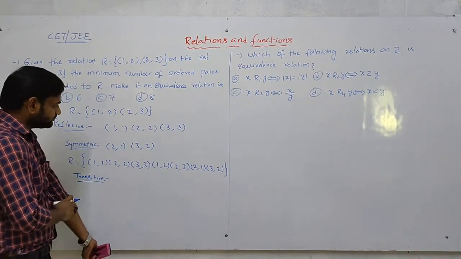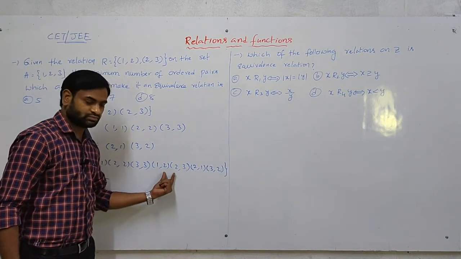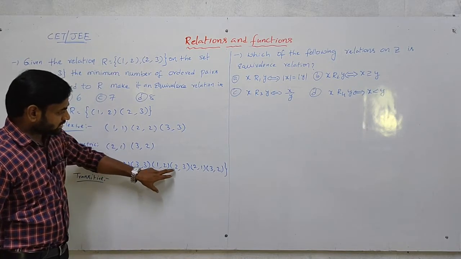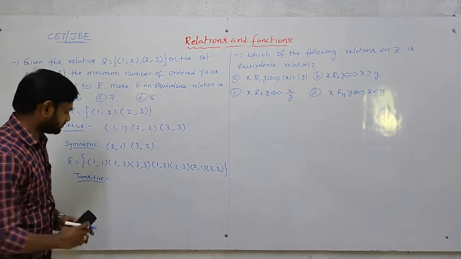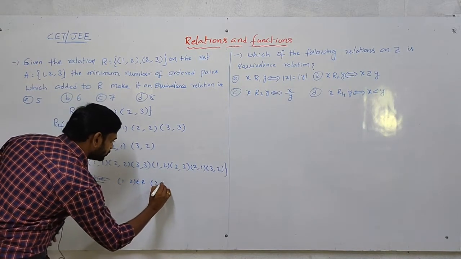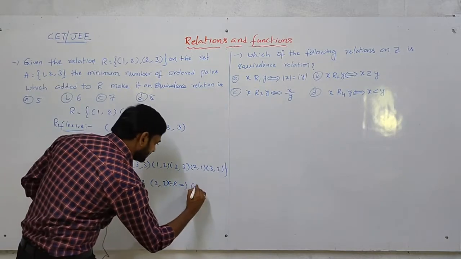See carefully here. I am taking these two pairs, (1, 2) and (2, 3). That is A, B and B, C. (1, 2) belongs to R, (2, 3) belongs to R. Then the resulting ordered pair is (1, 3).